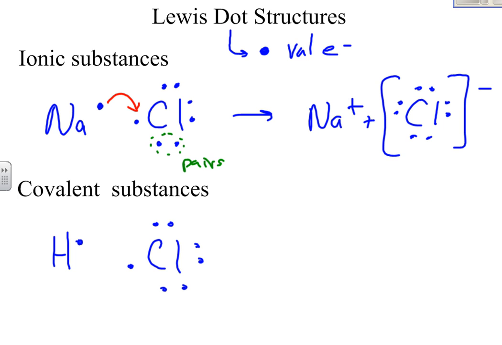They only need 1 more. So each of these will contribute 1 electron to make the other one happy, and we get that kind of a structure there.